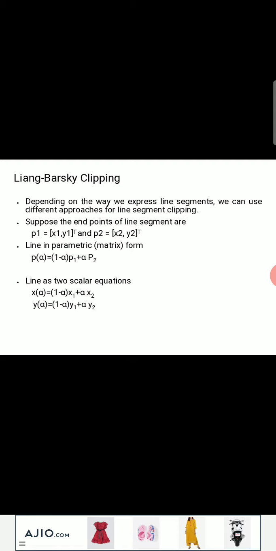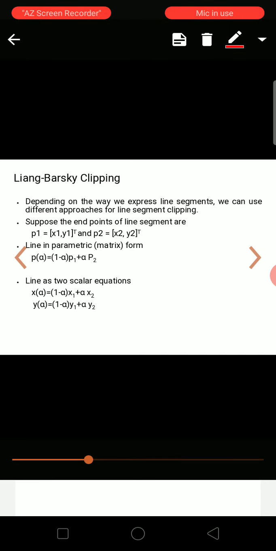The second algorithm for line segment clipping is the Liang-Barsky clipping algorithm. Depending on the way we express the line segments, we can use different approaches for line segment clipping. Suppose we have the endpoints P1 and P2, and we take the parametric form of definition for a line.